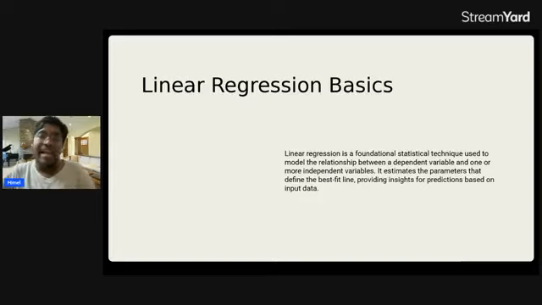It involves estimating the parameters that best describe the relationship in the data, essentially fitting a line that minimizes prediction errors. This model provides insight into how changes in input variables can lead to changes in output.